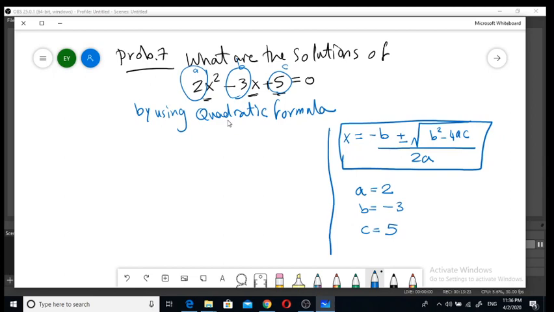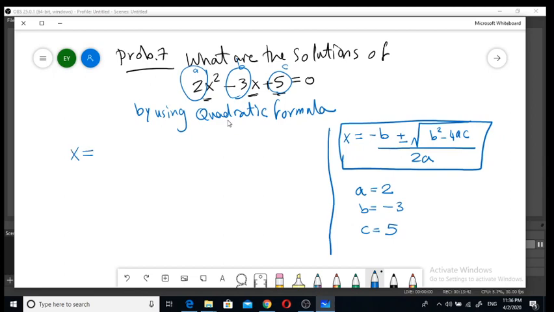Then we can do the direct substitution. We are going to replace A by 2, B by negative 3, C by 5. Then finally we can easily solve the equation.